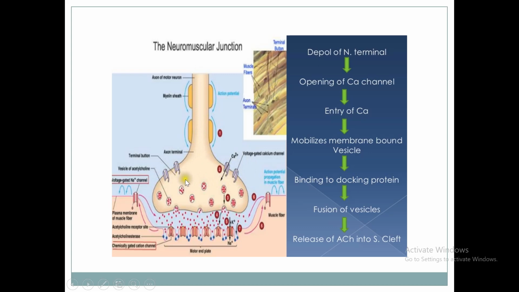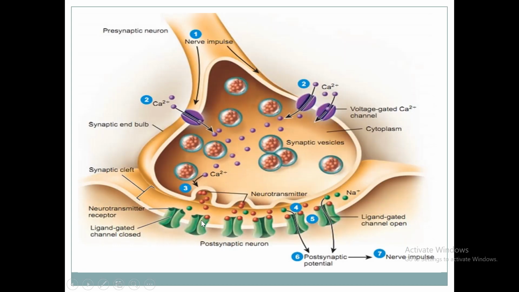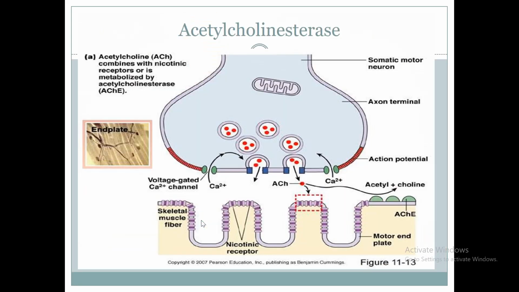It leads to opening of calcium channels at the axon terminal, and that ultimately causes what? It mobilizes membrane-bound vesicles containing neurotransmitters, and they fuse with the membrane, leading to release of acetylcholine in the synaptic cleft, which binds to the postsynaptic muscle membrane.